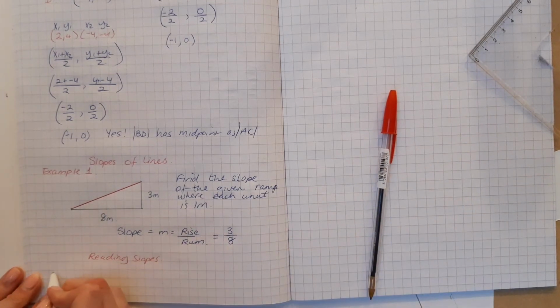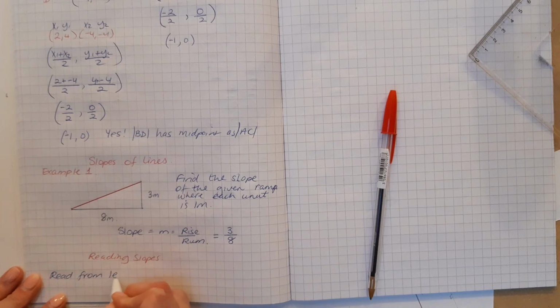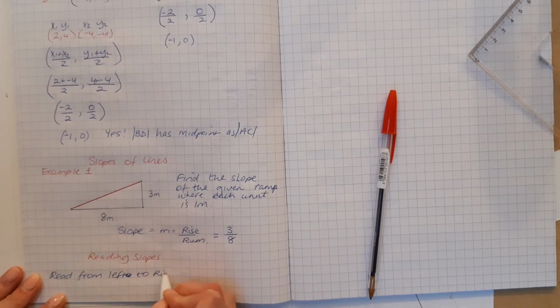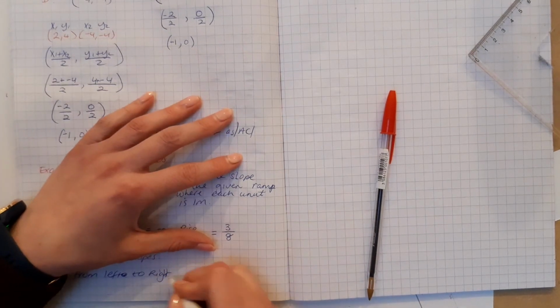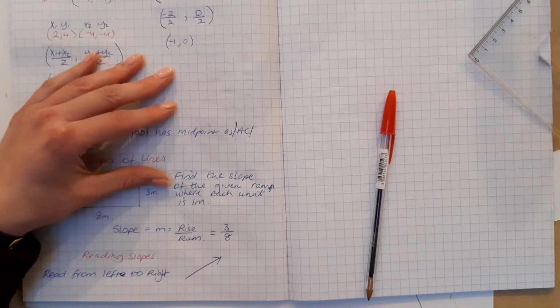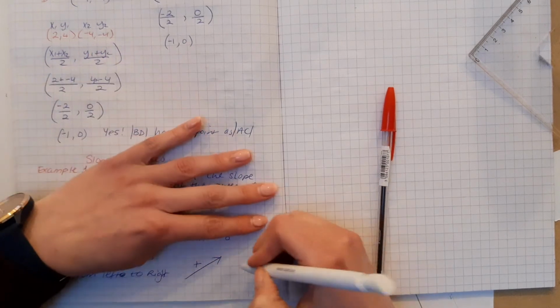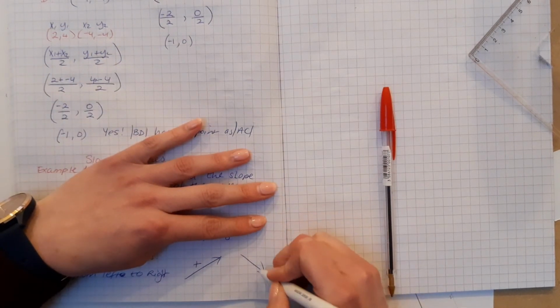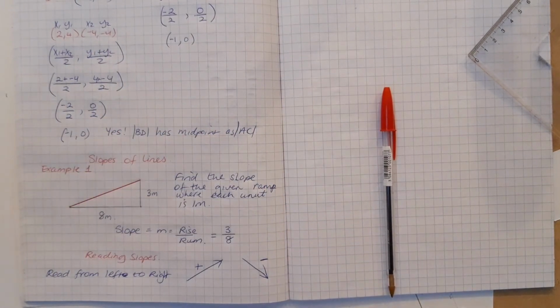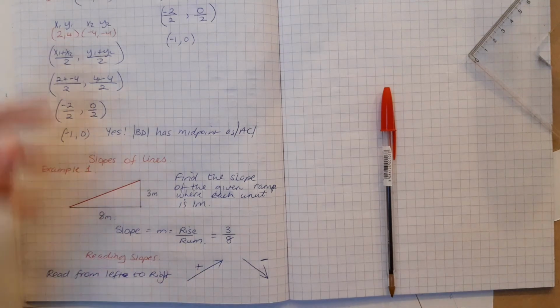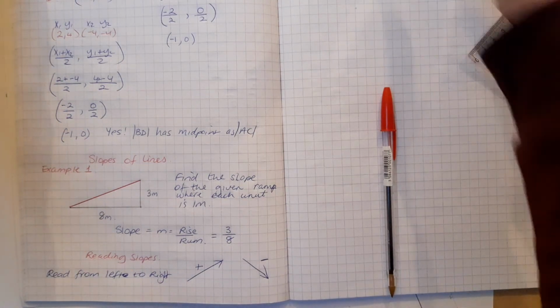You need to read from left to right. If it's going up, it's positive. If it's going down, it's negative. Okay, so there are 2 important notes with slopes. You'll be following on questions now.